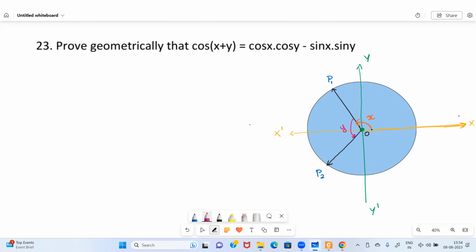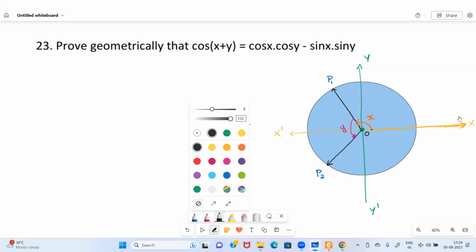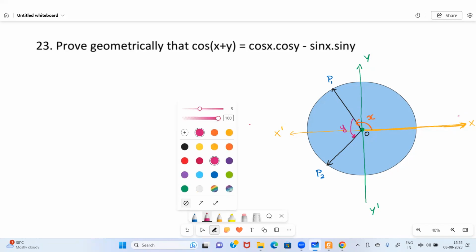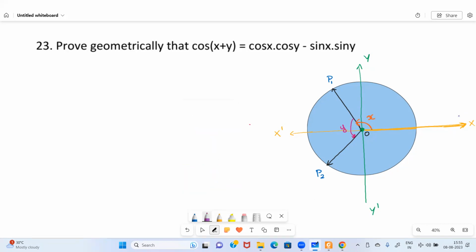Clear, students? Now from the positive x-axis, keep the protractor here and mark 110 degrees in the clockwise direction from here. I hope it's understood. You mark this line and you get another ray.